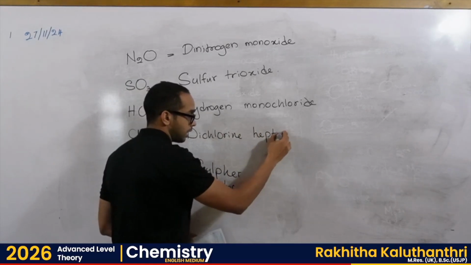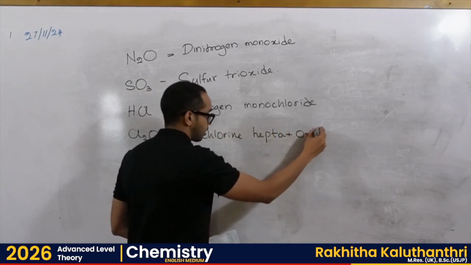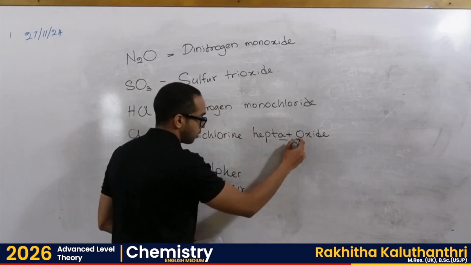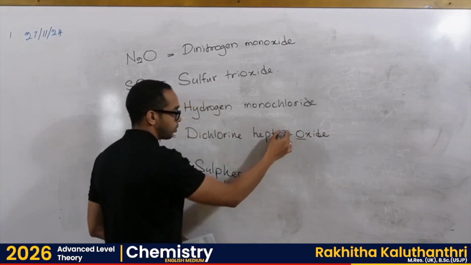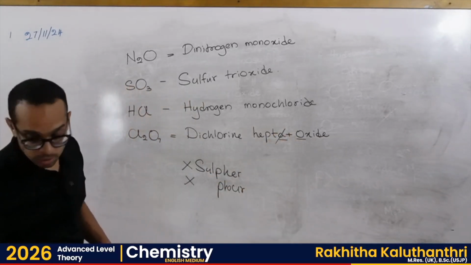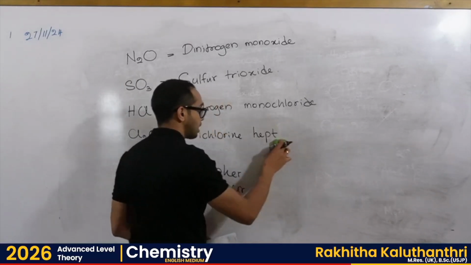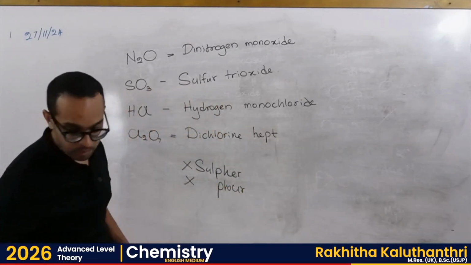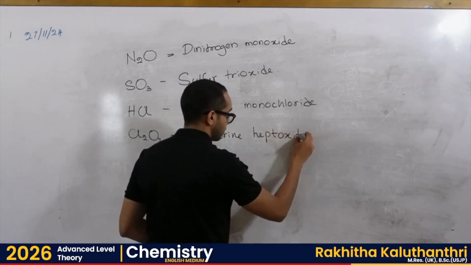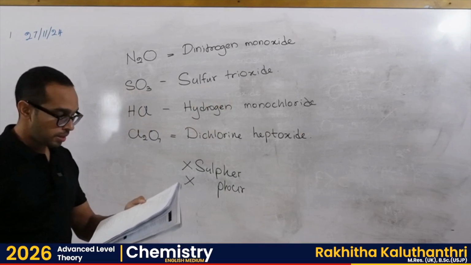Then we start with oxide, dichlorine heptaoxide. The prefix ends with A and the next word starts with O. So what we do is cancel the last letter of the prefix. So it becomes heptoxide. Dichlorine heptoxide. Is that clear?